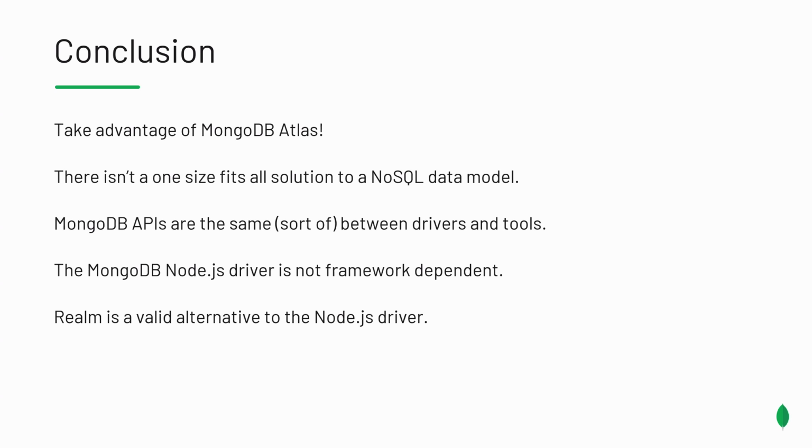You could very easily use Hapi.js or one of the other frameworks that exist. And if you don't want to worry about deploying your own backend, maybe check out serverless functions and webhooks, because that's a very valid option when it comes to your API, in addition to GraphQL, which Realm offers.